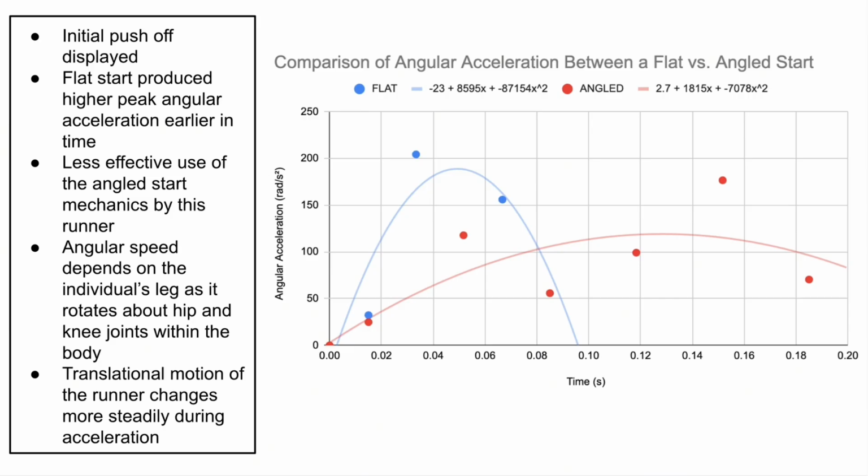But again, it really all depends on the individual. So the angular acceleration doesn't necessarily come into play and is not a big factor in determining how translational acceleration is affected and the actual speed of the runner itself is affected on the flat versus angled start.